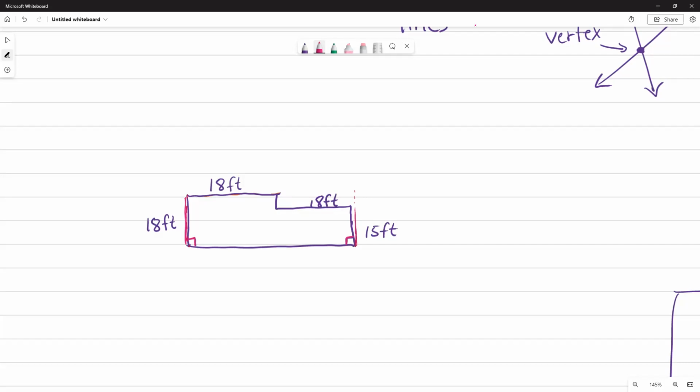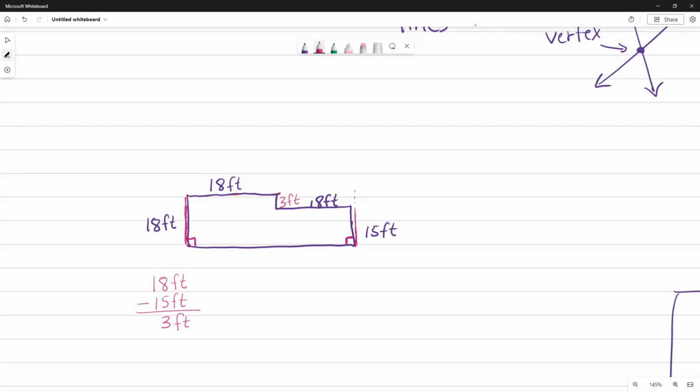So we can calculate this little unknown section up here by taking the whole side of 18 feet, subtracting what we know, the 15 feet, and that gives us 3 feet. That's the remaining distance on that right side, so this is 3 feet in height.